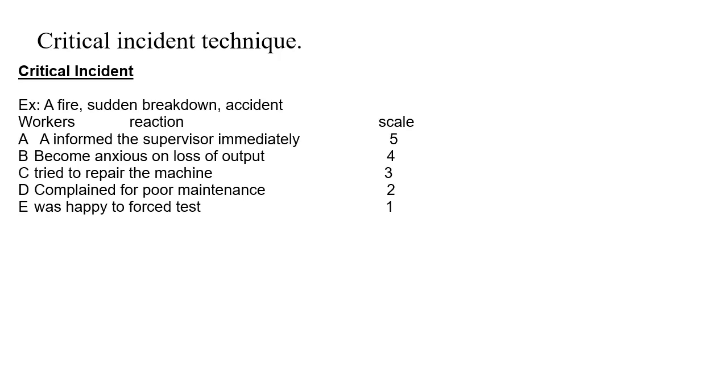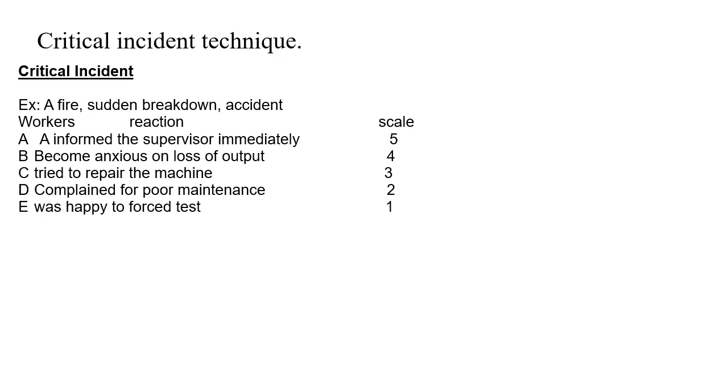So here, if you could see, at the end of the rating period, these recorded critical incidents are used in evaluation of the worker's performance. An example of the same is being given here. For example, suddenly a fire breaks out or an accident happens within the organization.